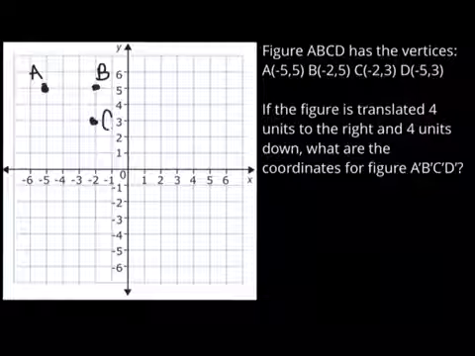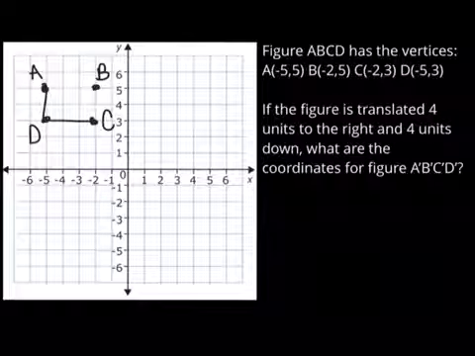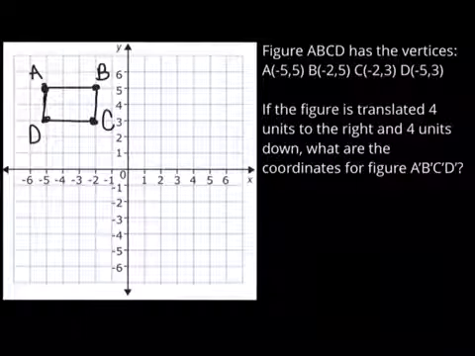So there's C. And then last one is D, -5, 3. So we're going to go over -5, up 3. And that is D. So I have this nifty little rectangle. And he's a little bit better than my triangle, but not much. Alright.